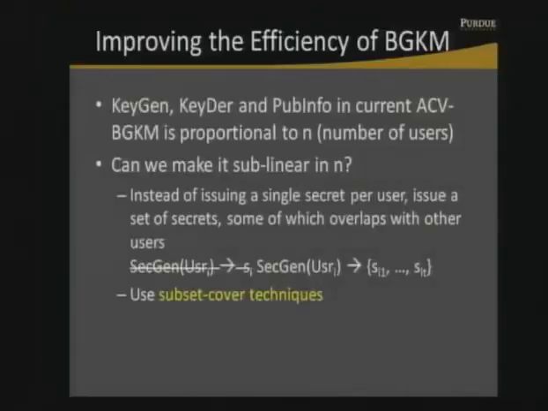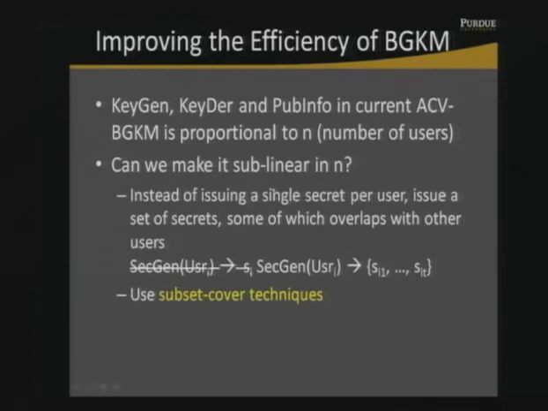So we used results from previous research to make this public information and the other algorithms sublinear in n. In fact, for these 1,000 users, we make it 8. We make it the logarithm of this number.